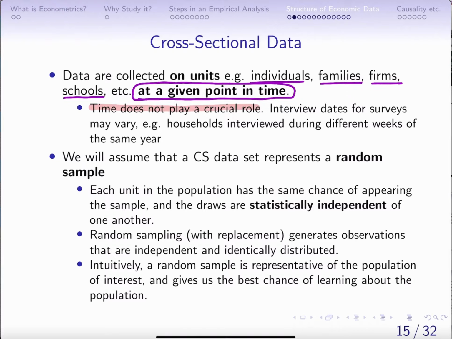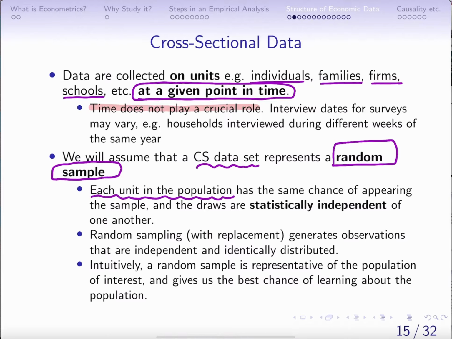Now we also make this assumption about a cross-sectional data set when we work with those, that this data is actually coming from a random sample. Now I know you probably have heard this phrase a lot, random sampling or random sample, but the idea here is that if we really want to estimate the effect of one variable on another, we should make sure that each unit that is in the population has the same chance of appearing in our sample.